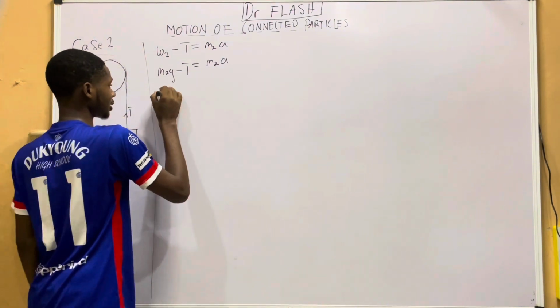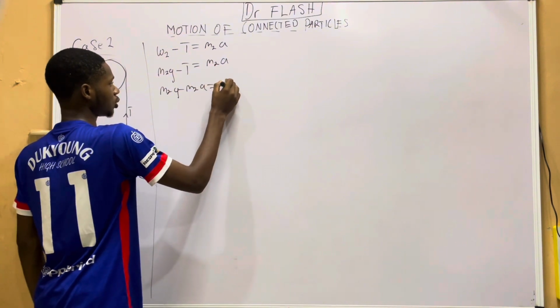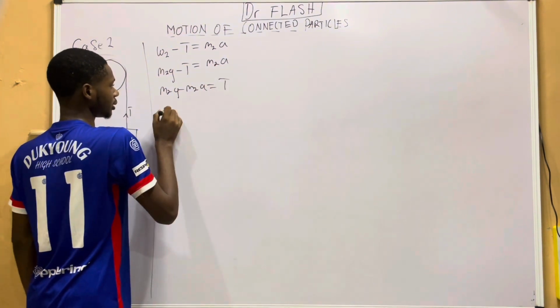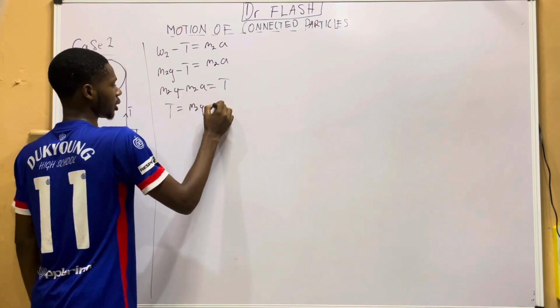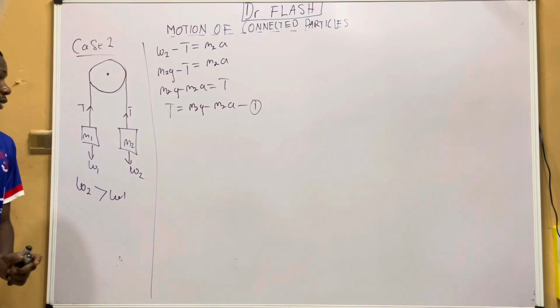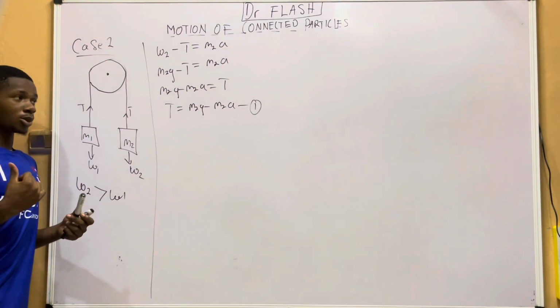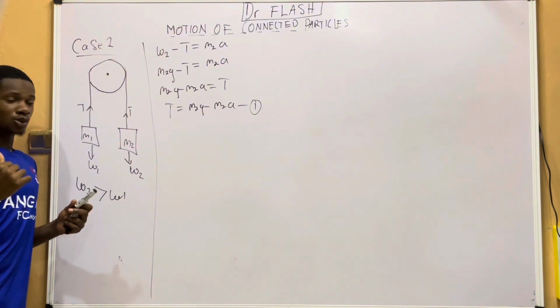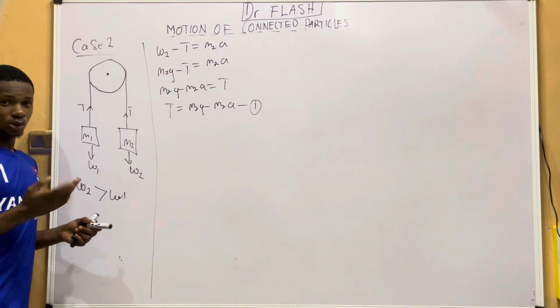When I take T to that side, I'll get M2G minus M2A equals T. So T equals M2G minus M2A. I'm going to call this equation 1, just like the previous one we did. If you did not follow that one, I'll advise you go back and watch that first video before coming back to this one, so you get more understanding of what we are doing here.